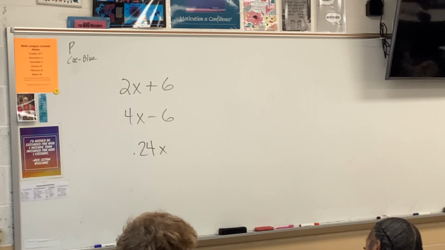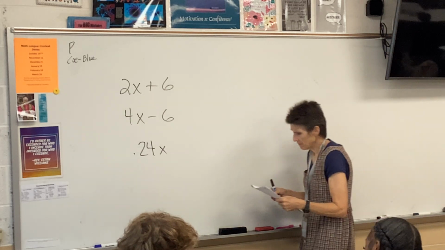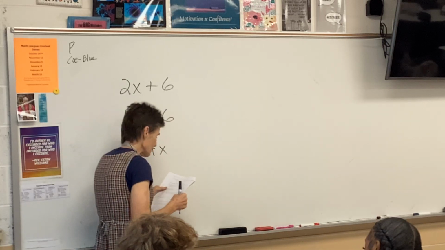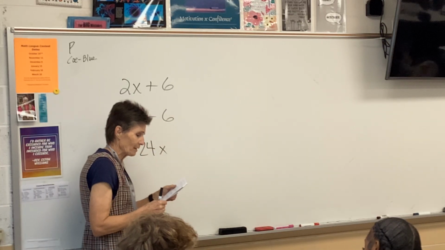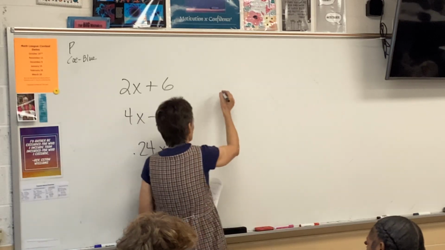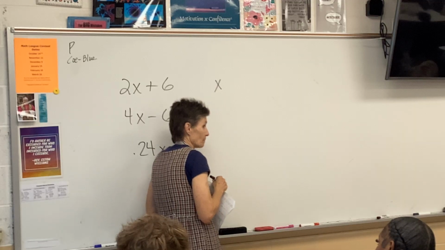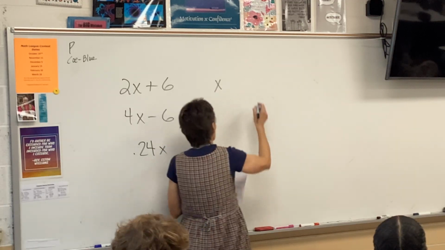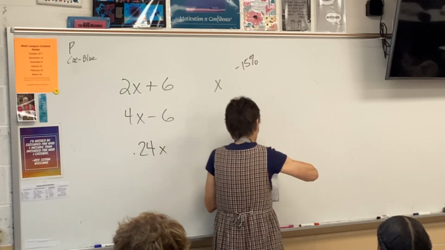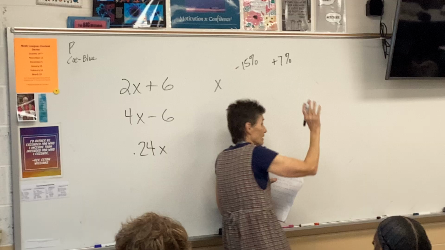Okay? All right. The final cost of an item, if the original price is X, there is a 15% discount and a 7% tax. Okay, wait a minute. So I go in to buy something that costs X. There is a 15% discount and a 7% tax.